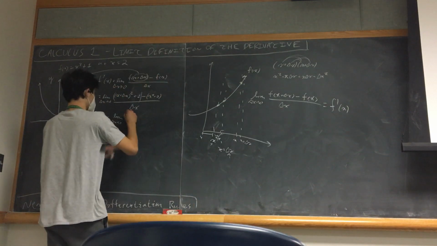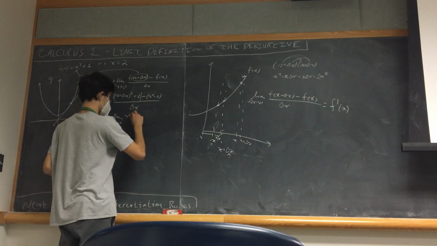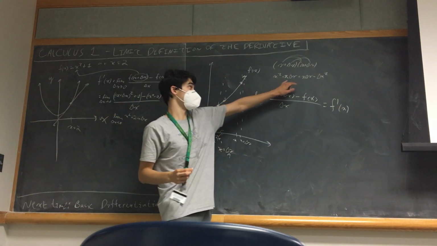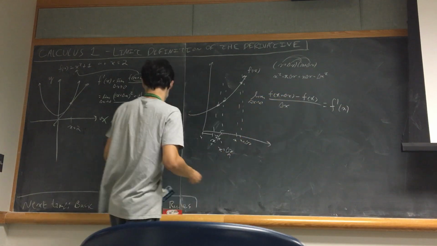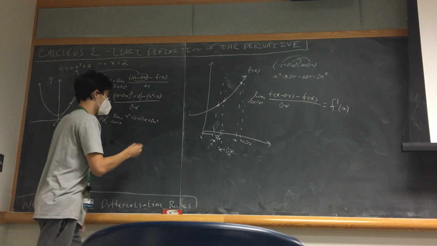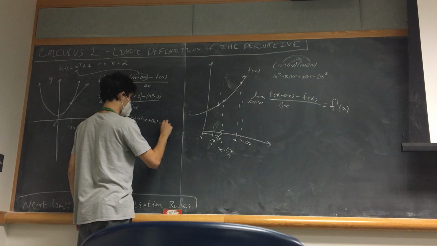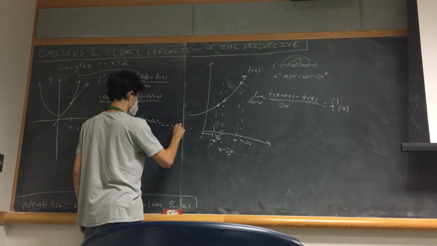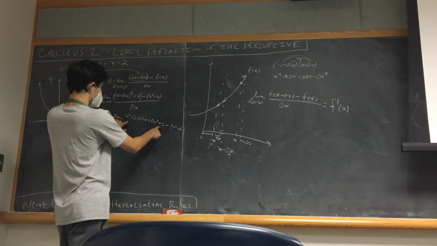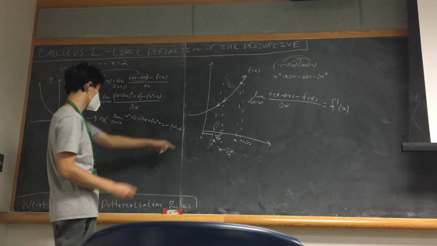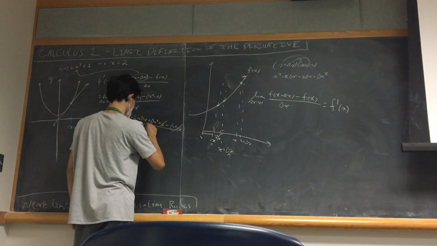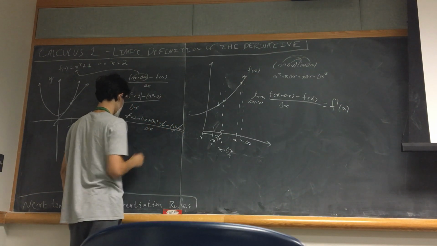So we get that this is x squared plus 2x delta x, where these two add together to make 2x delta x, plus delta x squared plus 1 minus x squared plus 1. These cancel out. And of course, this is all over delta x.